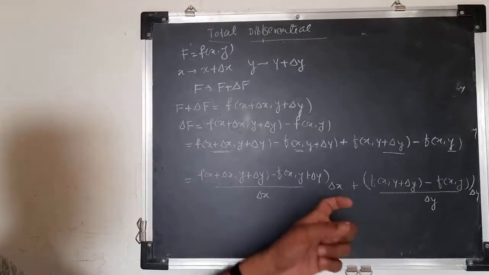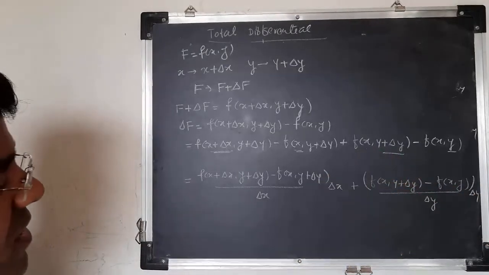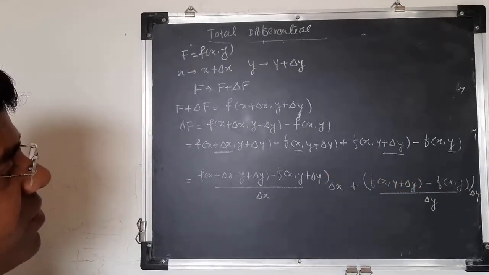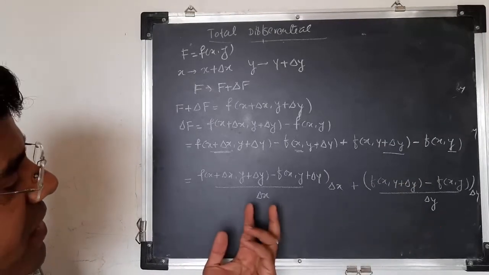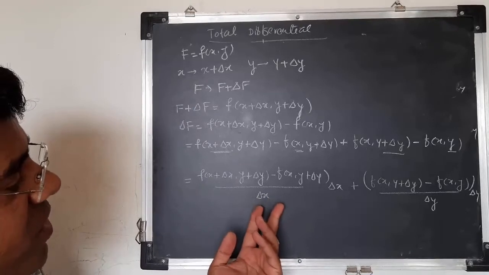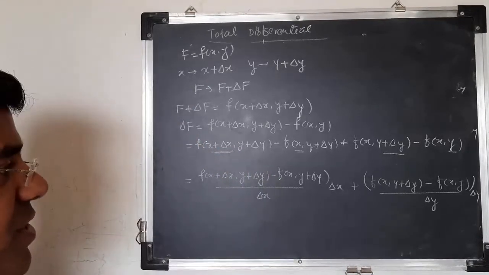So this cancels and you get the original. Delta x and delta y are independent variables, and when their values are smaller and smaller, this is a good approximation.